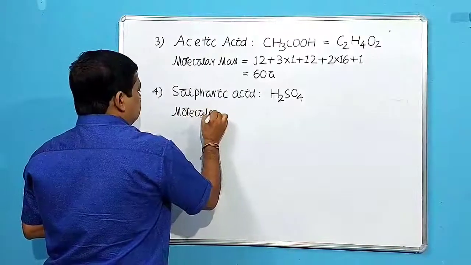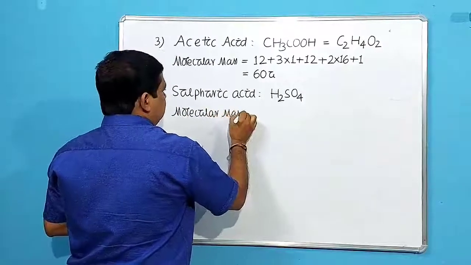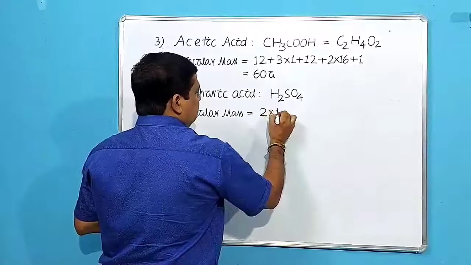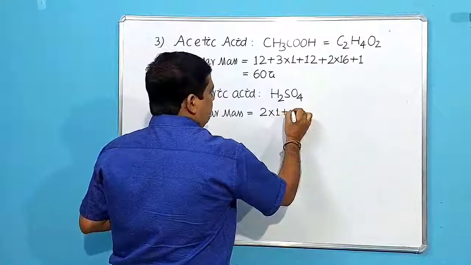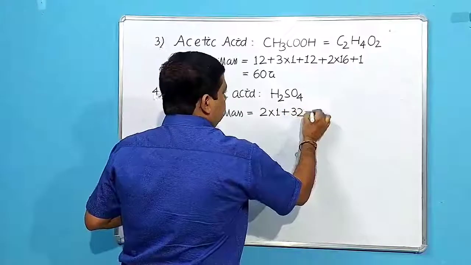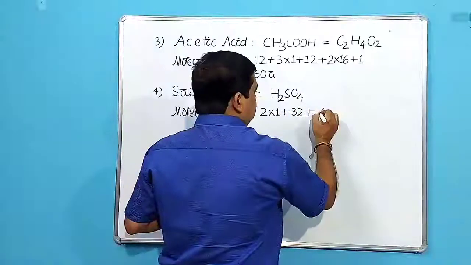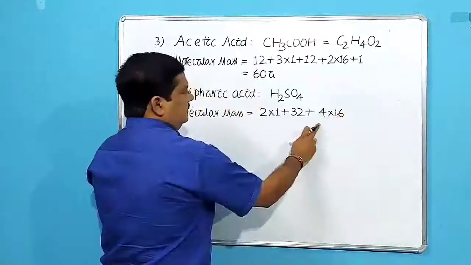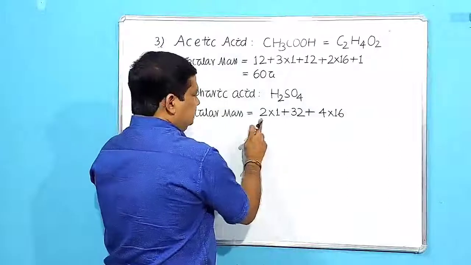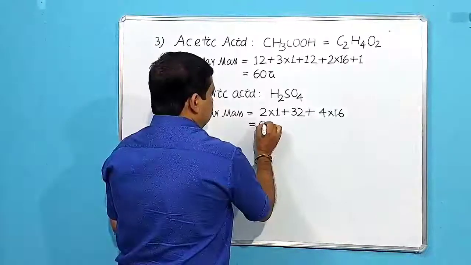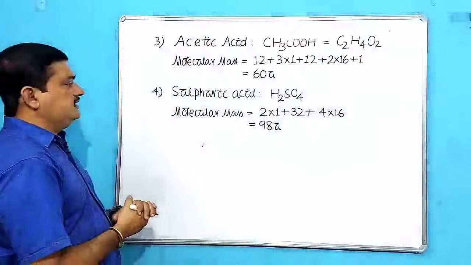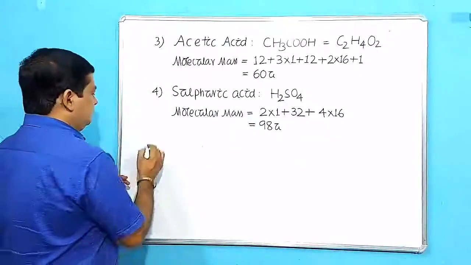Molecular mass will be 2 into hydrogen, atomic mass is 1, plus sulfur 1 atom, that is 32, plus 4 atoms of oxygen, so 4 into 16. So 64 plus 32, that is 96, plus 2, that is 98. So molecular mass of sulfuric acid is 98 U.